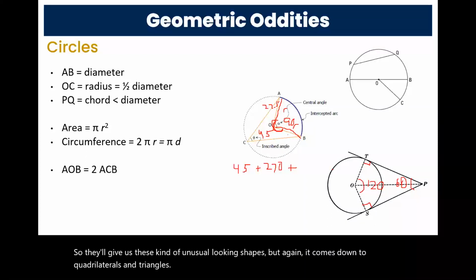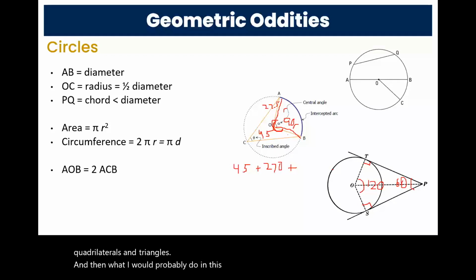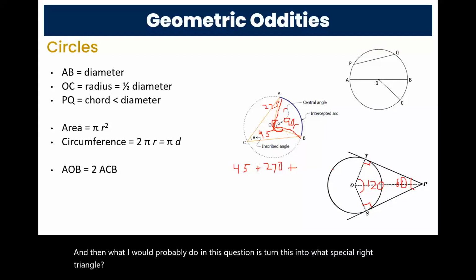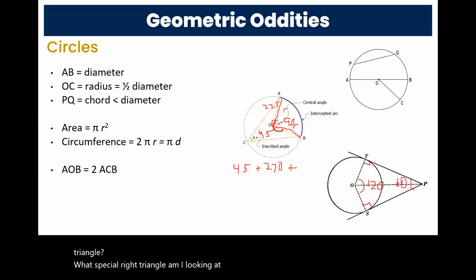And then what I would probably do in this question is turn this into a special right triangle. What special right triangle am I looking at here? What's this angle? Yeah, it's a 30, 60, 90.